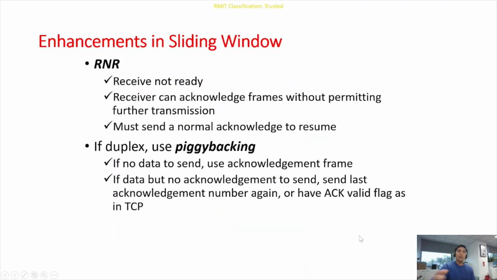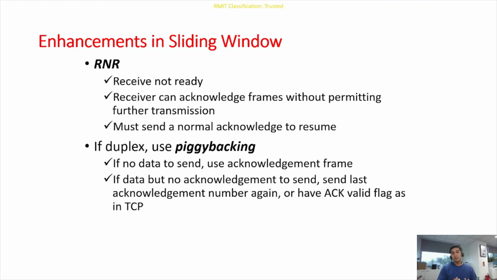In addition, there can be an enhancement in the sliding window by implementing RNR, which means receive not ready. What it means is that the receiver can acknowledge frames without permitting further transmission from the source.